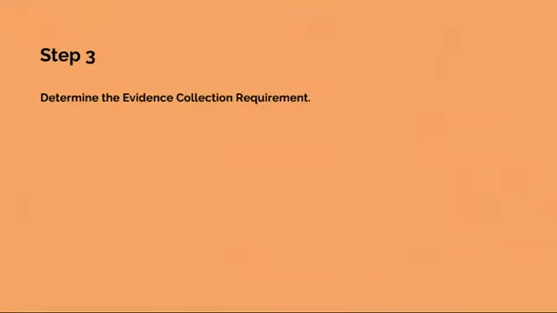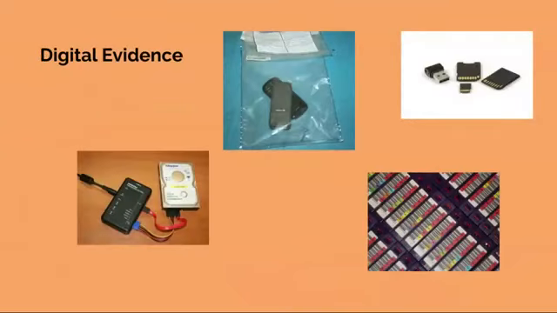The third step is determining the evidence collection requirement. It is now possible to decide which of the possible evidence sources identified in step 2 can help deal with the crimes and disputes identified in step 1, and whether further ways to gather evidence are required.